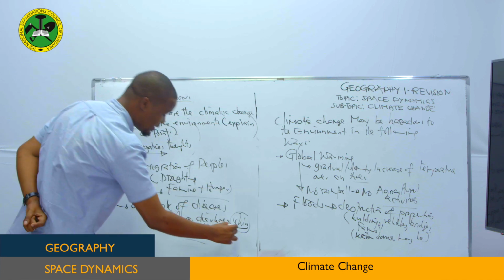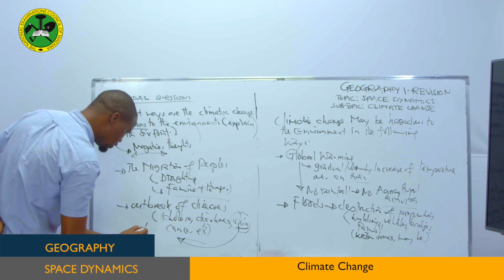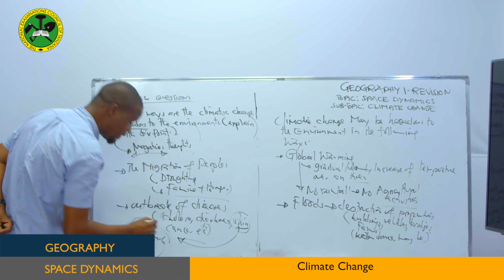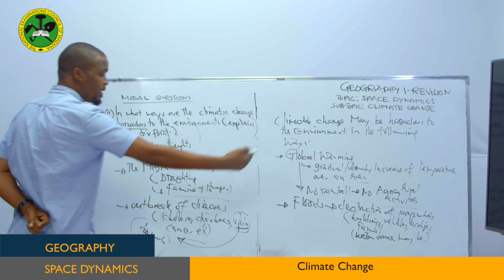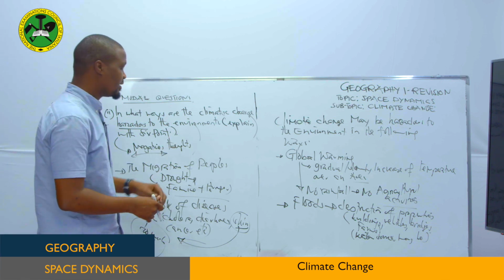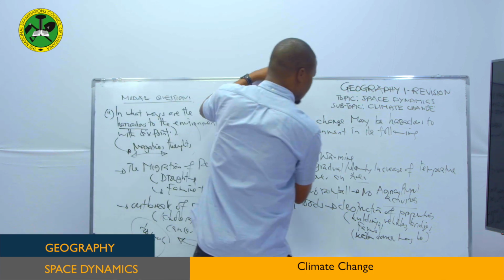So sometimes it may result in skin cancer, caused by too much heat in a given area. Are we together? So this may be one among the negative factors caused by climatic change. Okay, we have other factors.